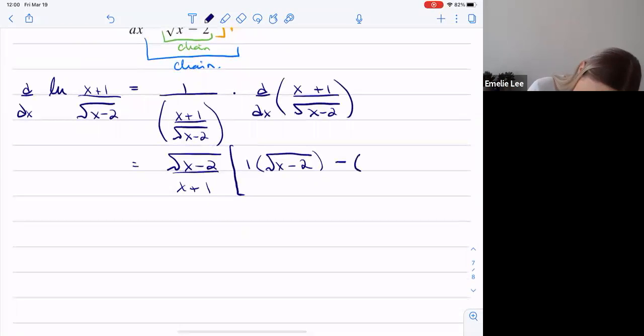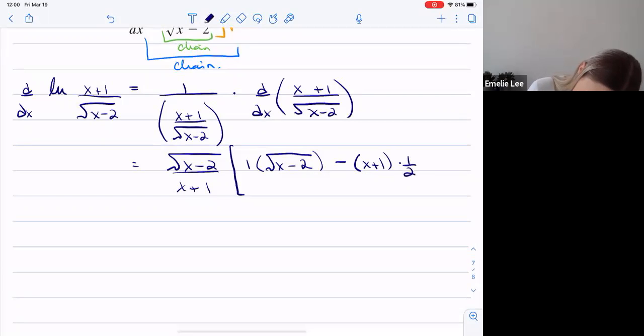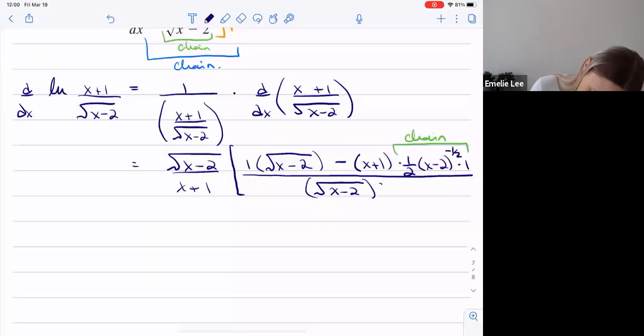So then minus, and then x plus 1 stays the same. The first term stays the same. And then I have to multiply by the derivative of the denominator, which is going to be 1/2 times x minus 2 to the negative 1/2 times 1, because this here is the chain rule. And then that's all over the root of x minus 2 squared.